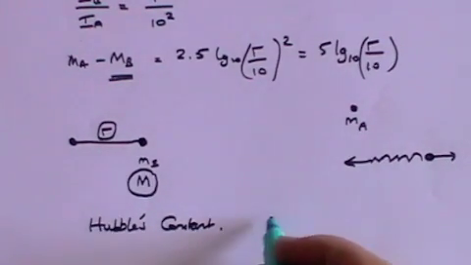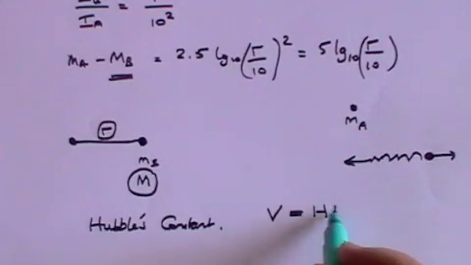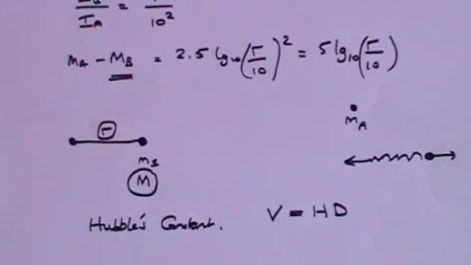And what he showed was that the velocity of the star is equal to Hubble's constant times its distance. So if you can find the redshift frequency, then you can calculate the velocity directly, and if you know Hubble's constant, you can calculate the distance of that star.